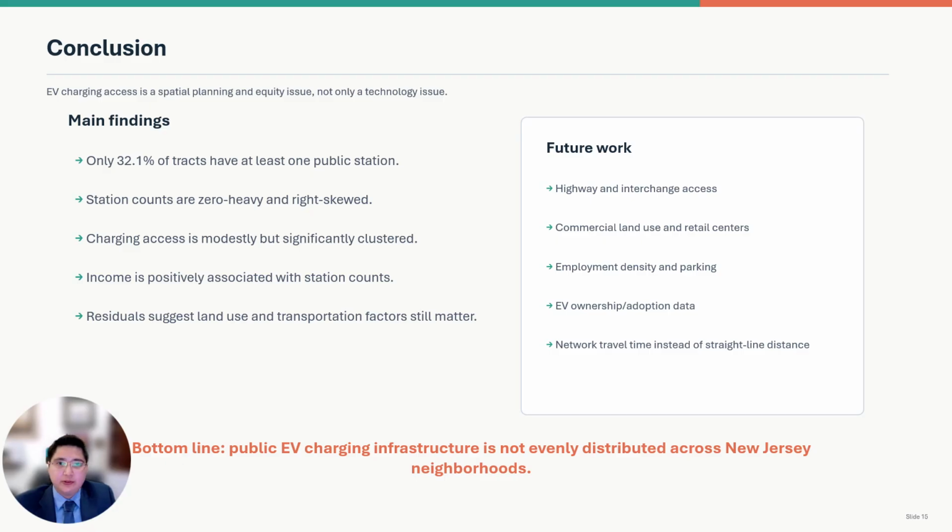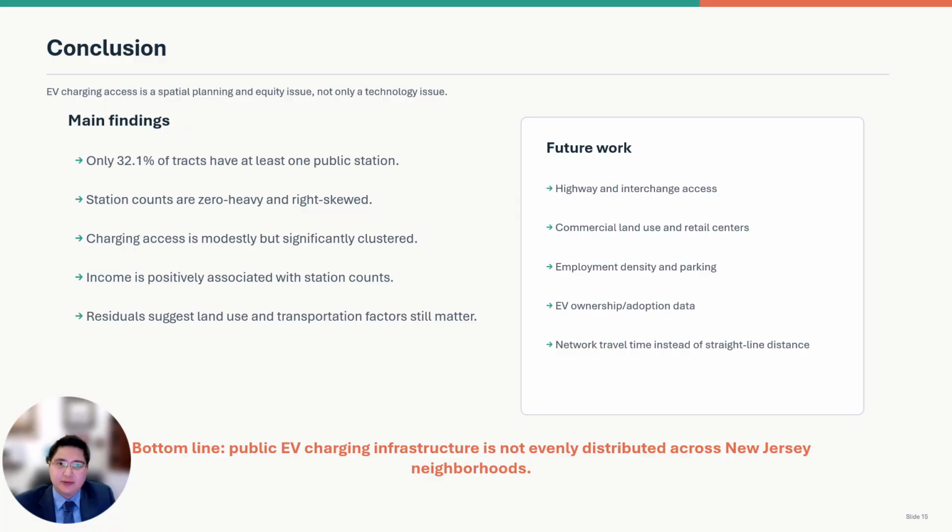To conclude, this project shows that public electric vehicle charging access in New Jersey is uneven across census tracts. Only about 32.1% of tracts have at least one public station. The station count distribution is zero heavy and right skewed, meaning most tracts have no stations, while a small number contain multiple stations.